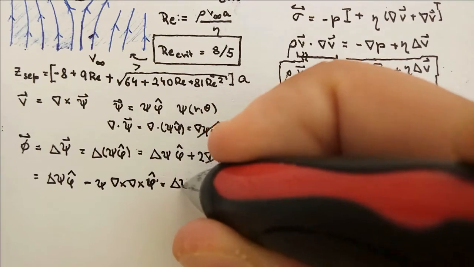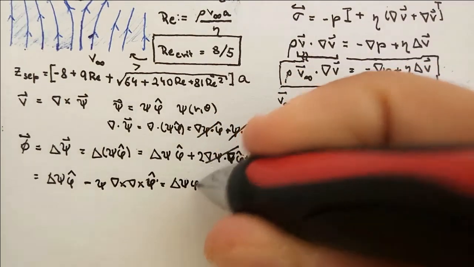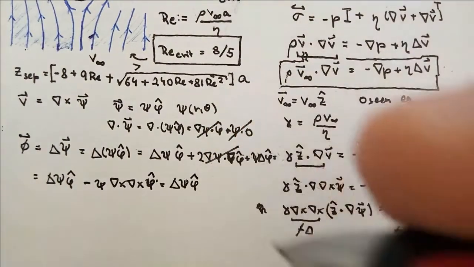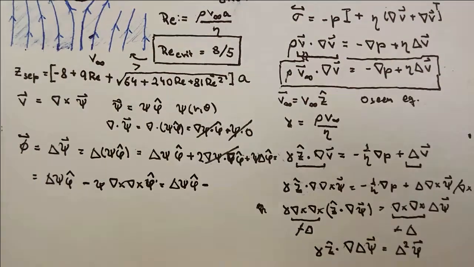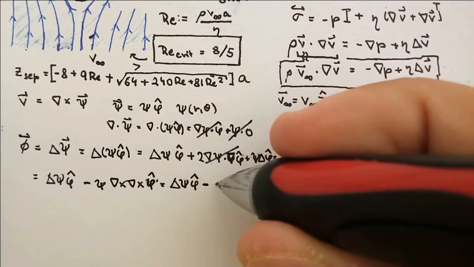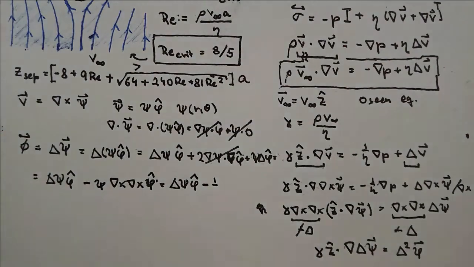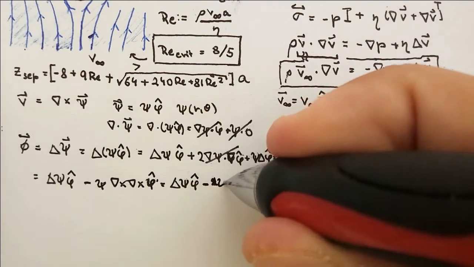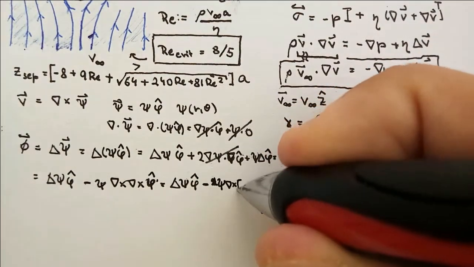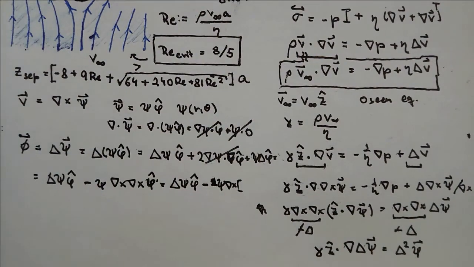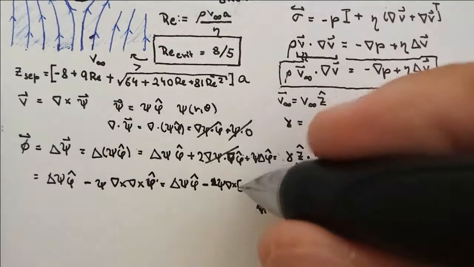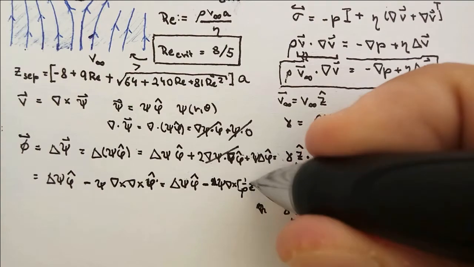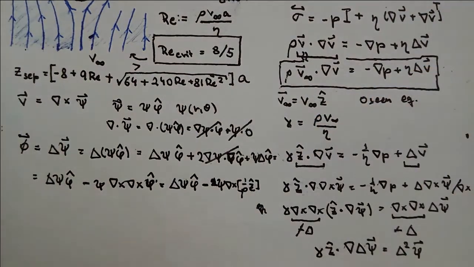So this is Laplacian phi equal to minus curl of 1 over rho times the z vector.